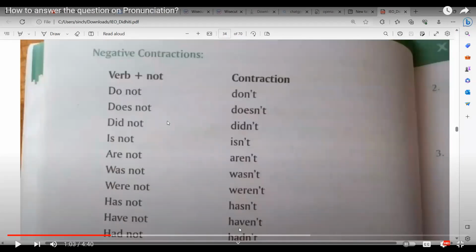Debangshu, can you give me an example with haven't? Have not. Ma'am, Sam had not sleeping. No, ma'am. Okay.